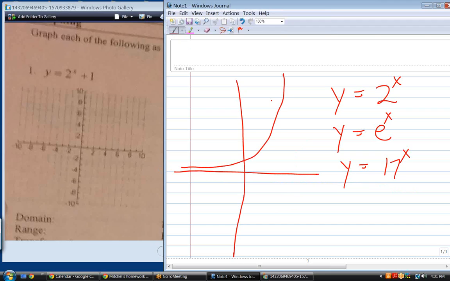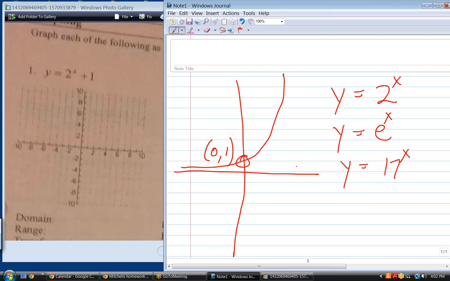Which one is that? Can't really tell. What's this point on all three? Oh, it's 0, 1. Whenever you have an exponential equation like this, where the variable is in the exponent, whenever x is 0, the y value is 1 on all three of these.